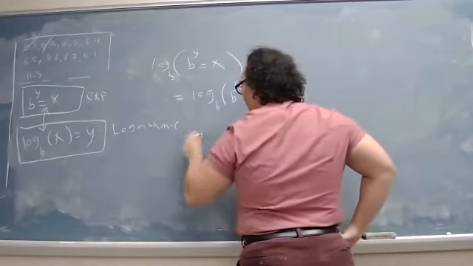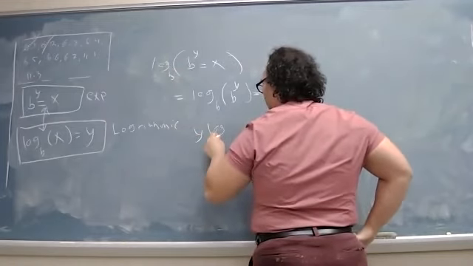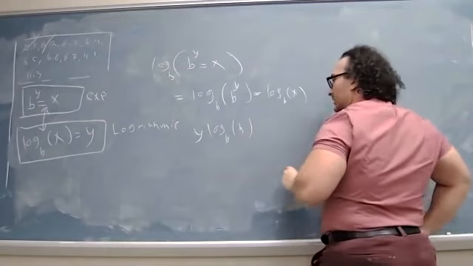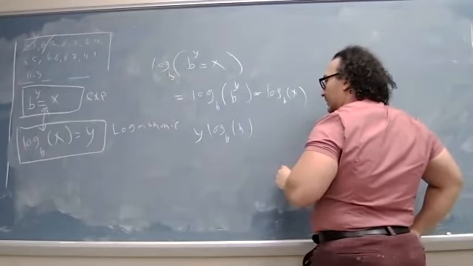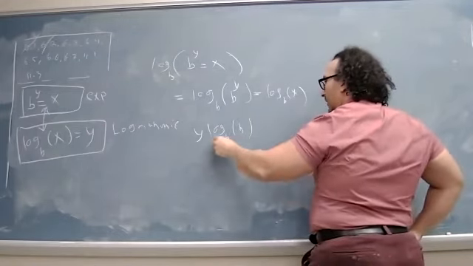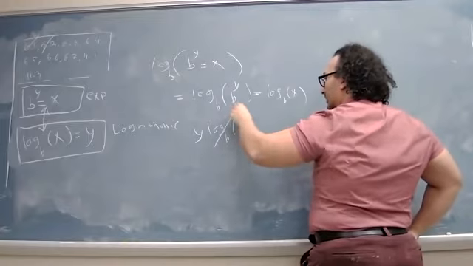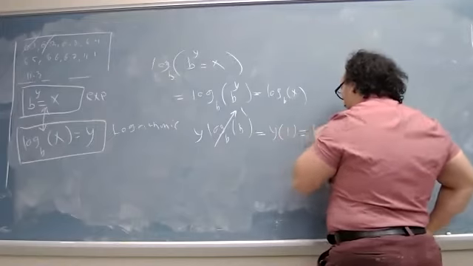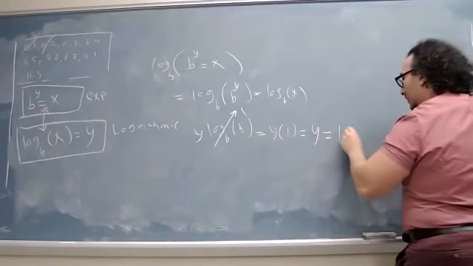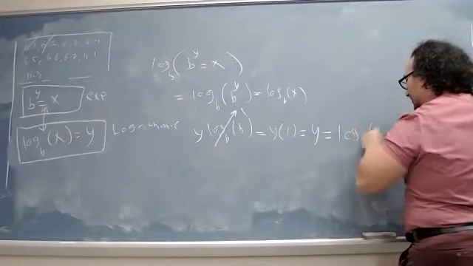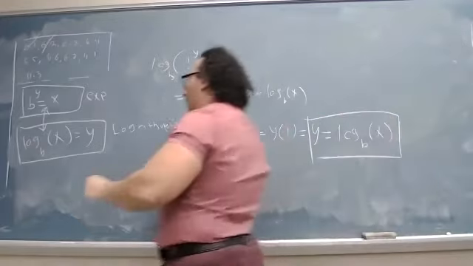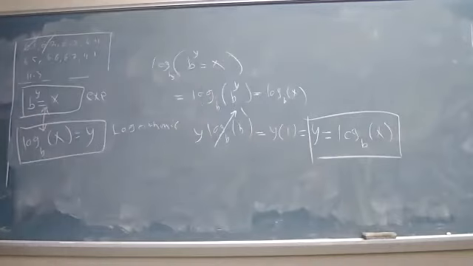But notice with the power rule that y comes down out in front, so we get y times log base b of b. But log base b of b means to what power must I raise b for it to equal b? That means the power is equal to 1. So this whole thing is equivalent to 1, so y times 1 is just y, and that equals the right-hand side, log base b of x. So we have traveled from the exponential version all the way to the logarithmic version.